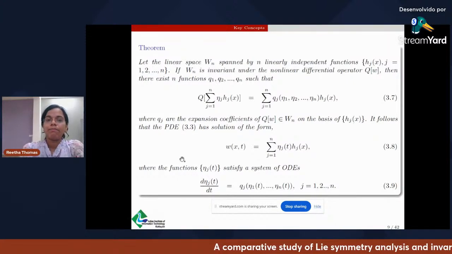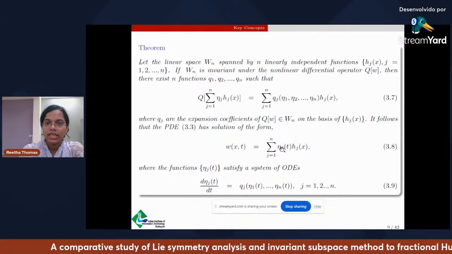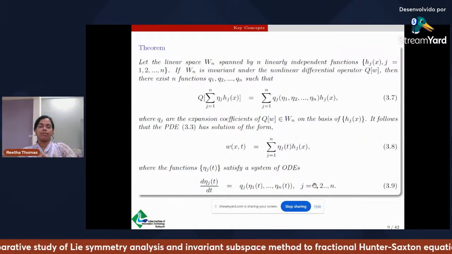It follows that the PDE admits the solution 3.8, where the functions eta j satisfy the system of ODEs.